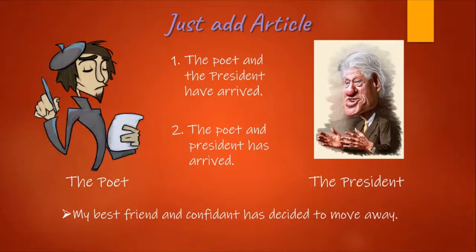Also, note the use of articles. If there are multiple articles before each noun phrase or pronoun phrase, you will basically have multiple people. But if you have only one article, no matter how many nouns there are, common, proper, it doesn't matter. If you use the article or the determiner only once, you mean only one person.